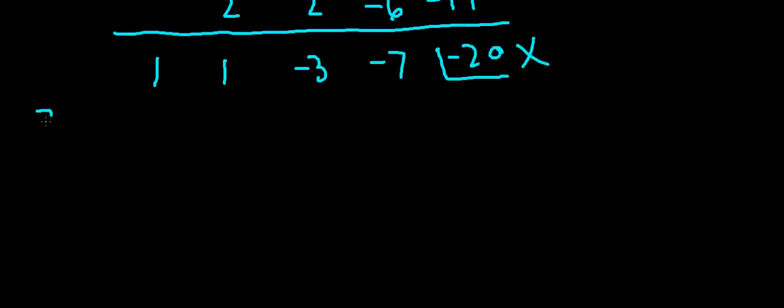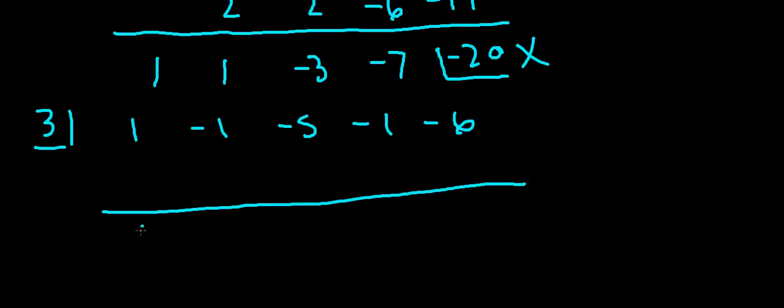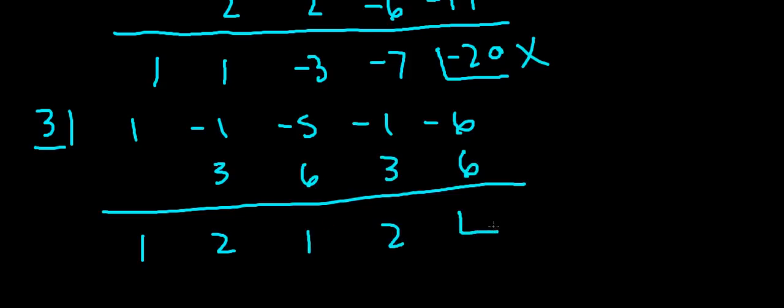Now we move on to 3. So this gives us positive 3, positive 2, positive 6, positive 1, positive 3, positive 2, positive 6, and we get a 0.